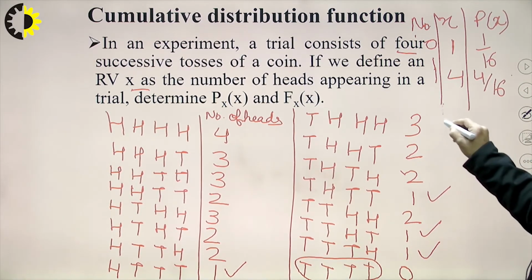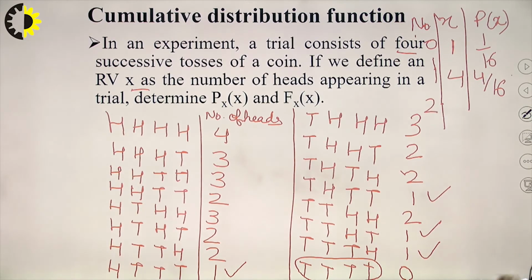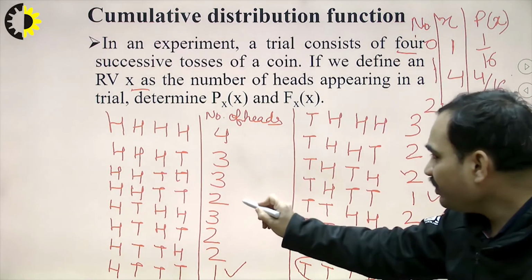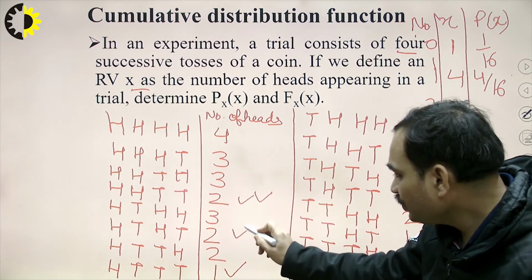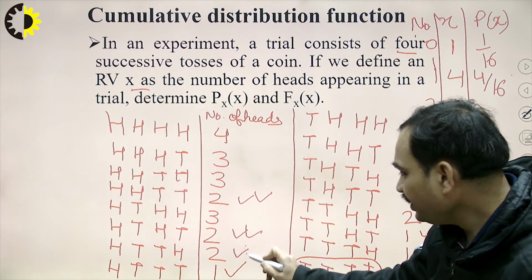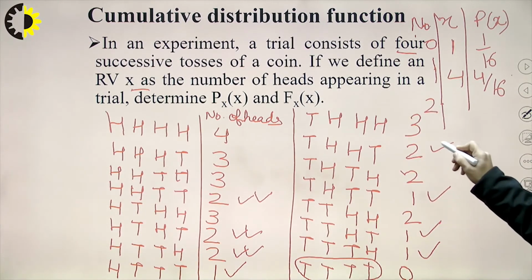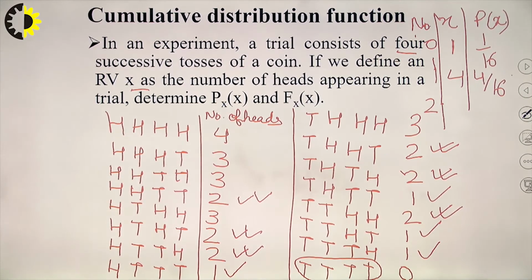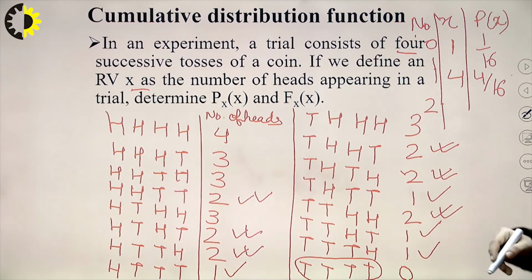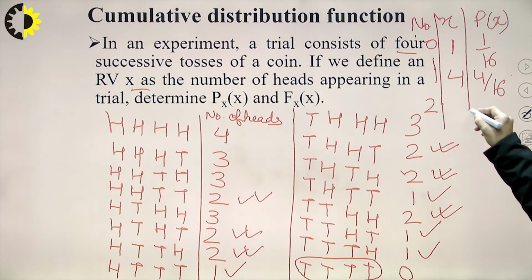Now let's count the number of heads equal to 2. We have 1, 2, 3, 4, 5 and 6. So there are 6 outcomes having 2 heads.